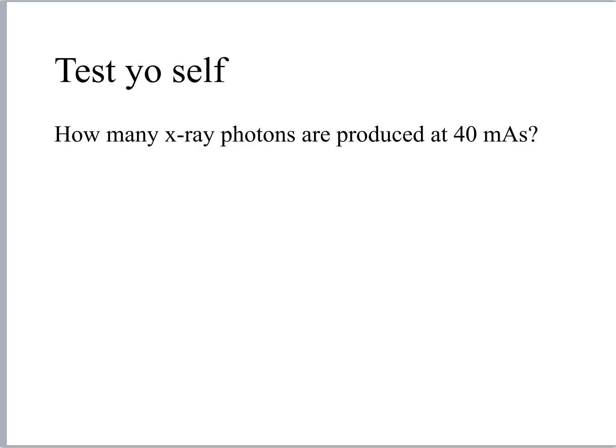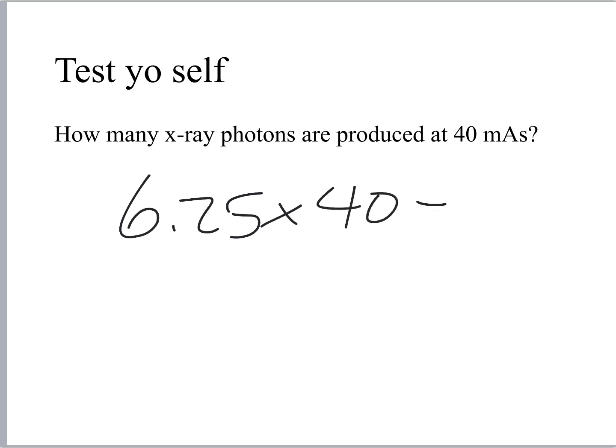So why don't we go ahead and test ourselves with this knowledge. I am going to be writing very much like my 5-year-old son with this, because I'm using a stylus and it's not my strongest suit. Going back to the original formula, I would write 6.25 times 40. If I multiply those together, that gives me 250.